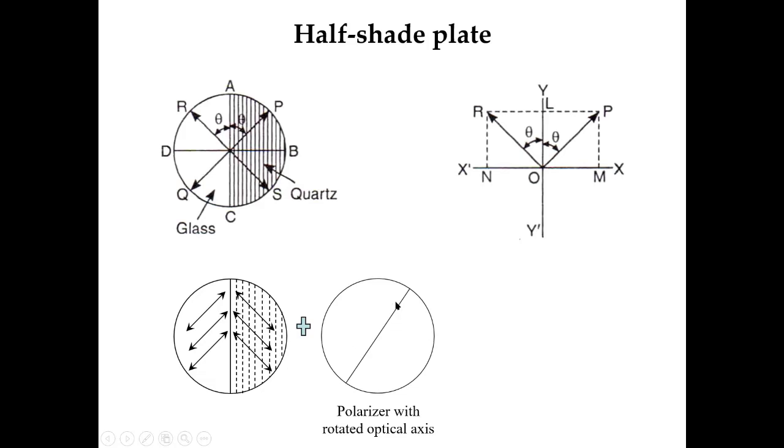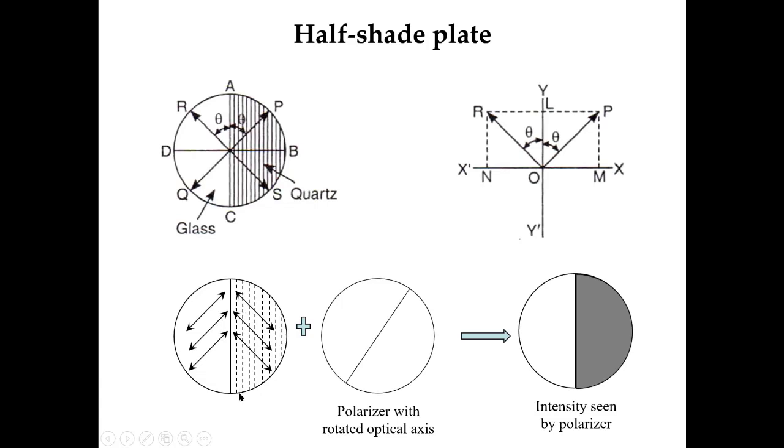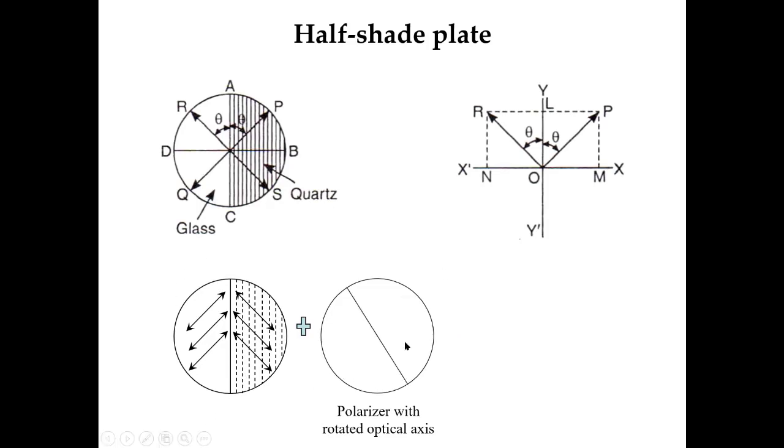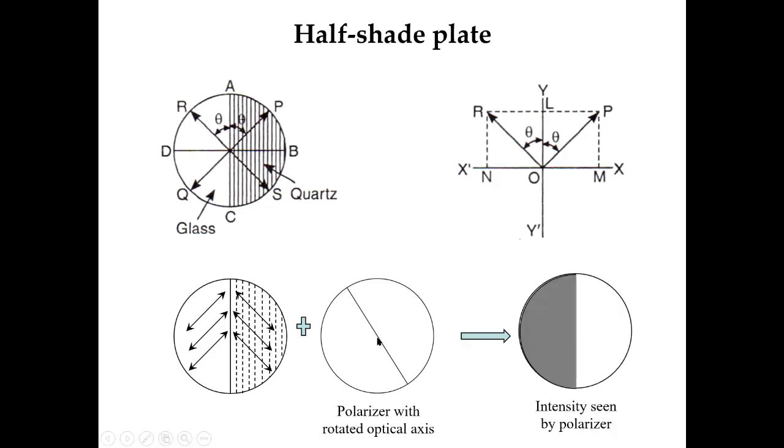So by Malus law, it is clear that this part will appear dark and this part will appear brighter. And if this polarizer is rotated anti-clockwise, then the situation will be reversed. Therefore, depending upon the direction of the optic axis of the polarizer, any one half part of this half-shade plate can appear dark, and that's why this plate is known as the half-shade plate.